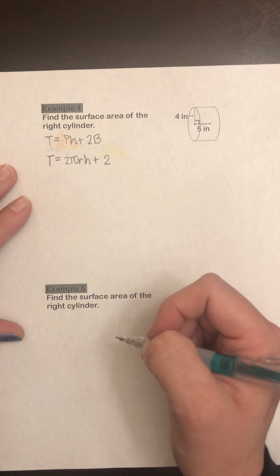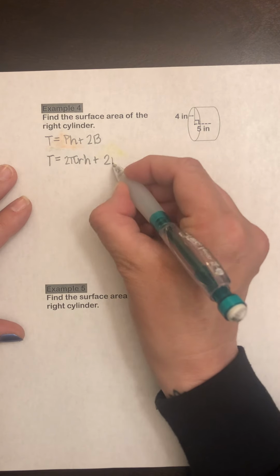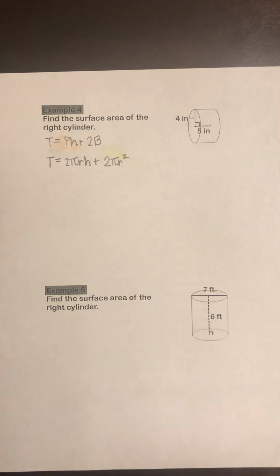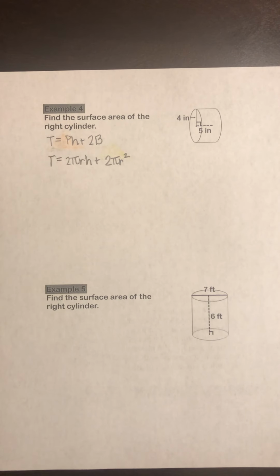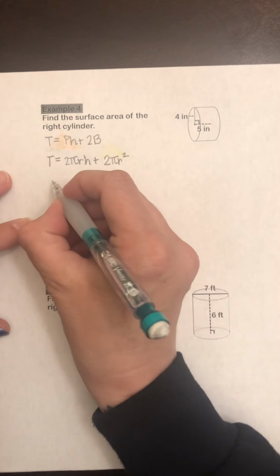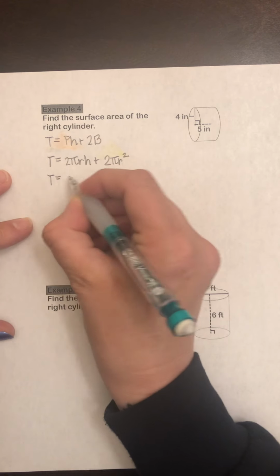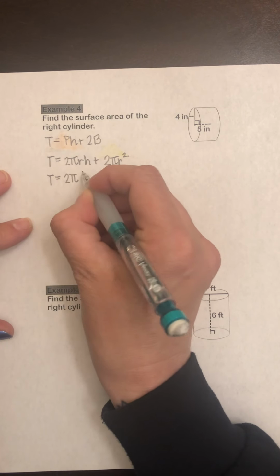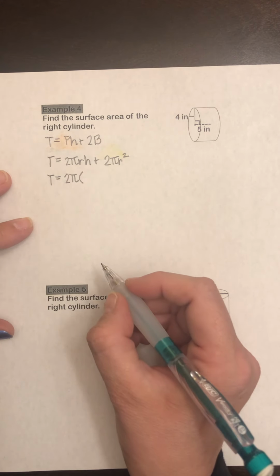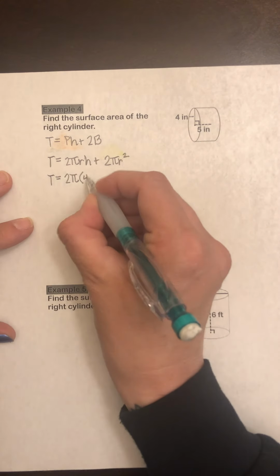The base is a circle, and that is pi r squared. So all I have to do is know this formula, and if I can remember what I know about circumference and area, then I don't need to memorize another formula, I just plug things in. So in this picture, let's talk about what we have. We've got 2 pi r. What's the r? The r in the picture is 4.